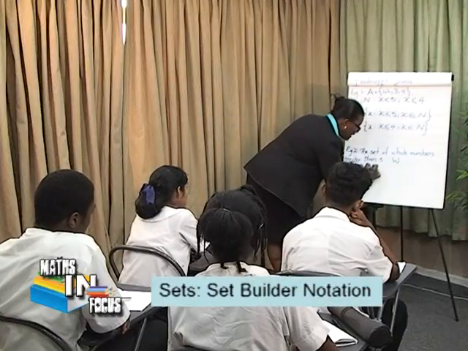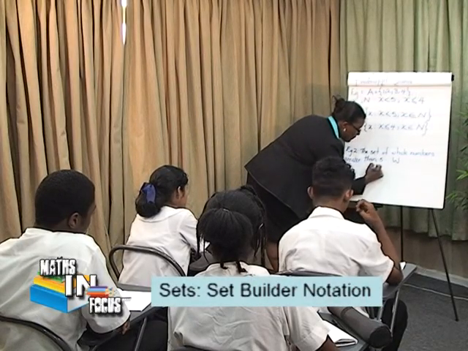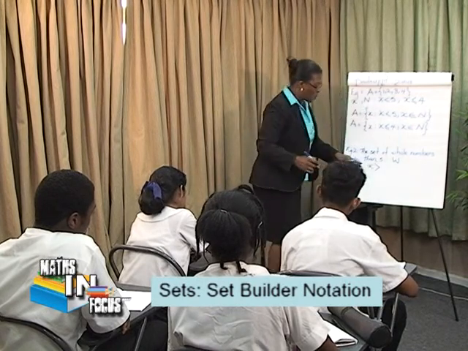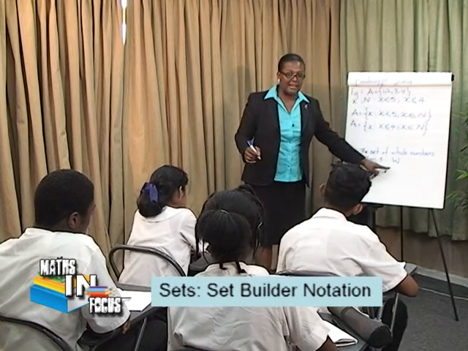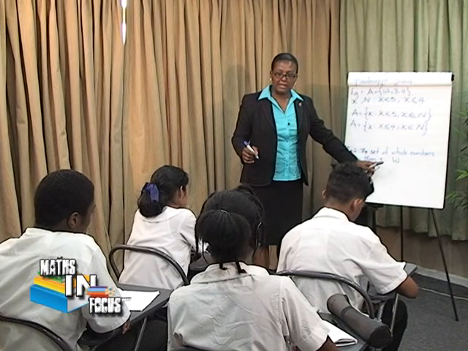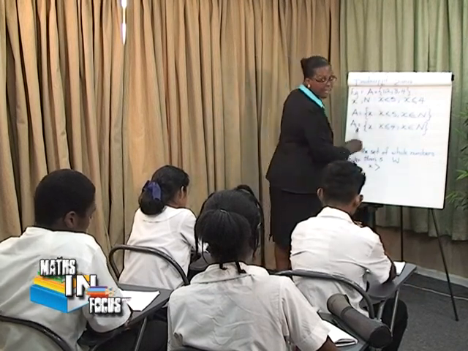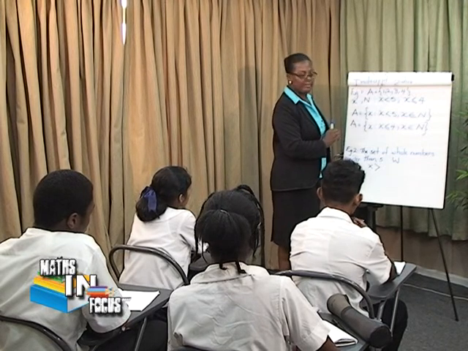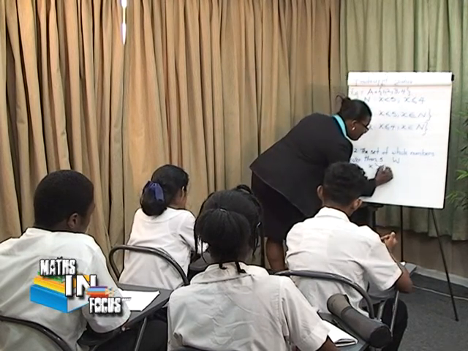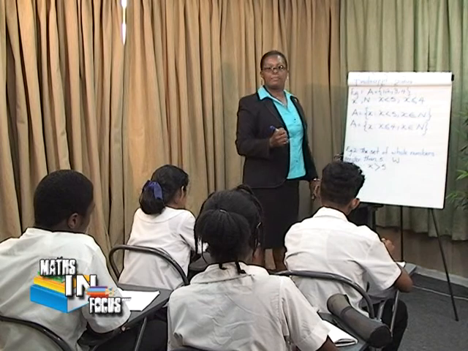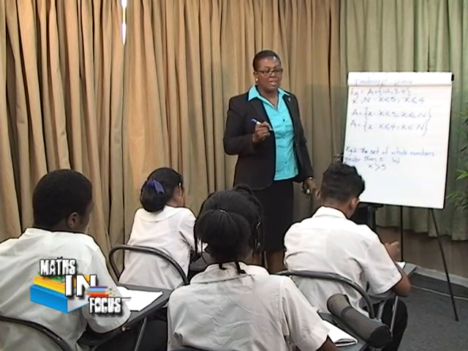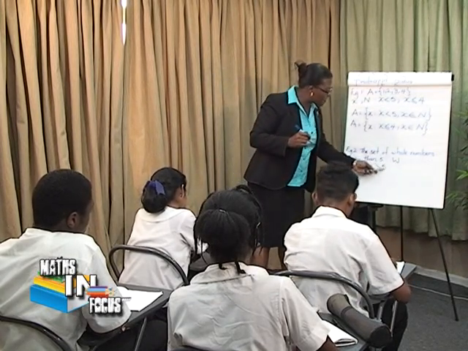So I would write x, and I would write the symbol like that. So x is greater than 5. We put in our 5. So here we have x is greater than 5.